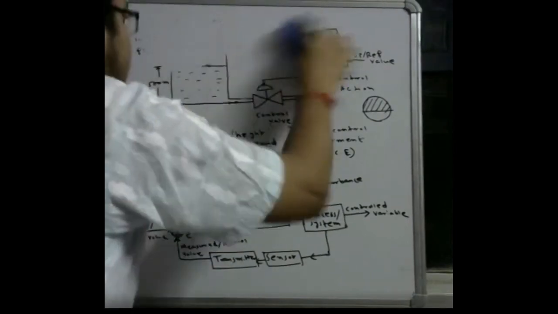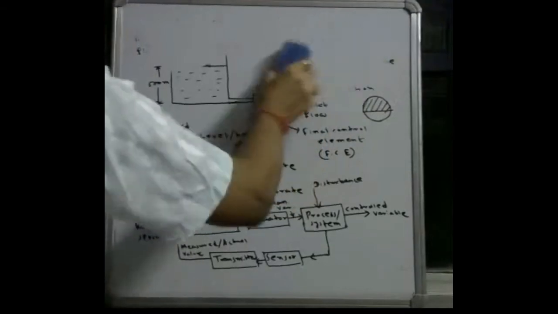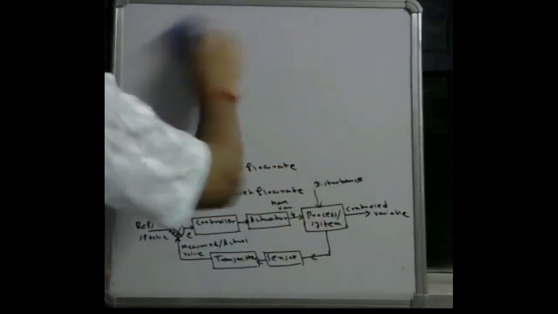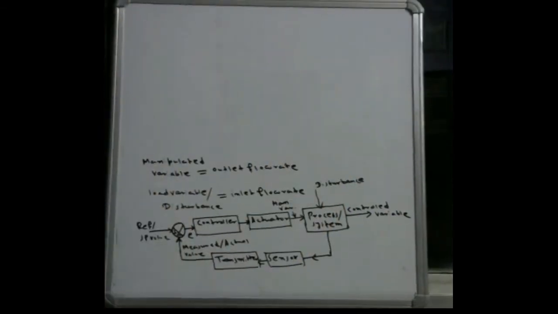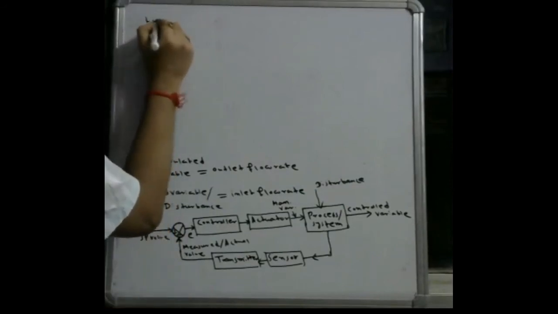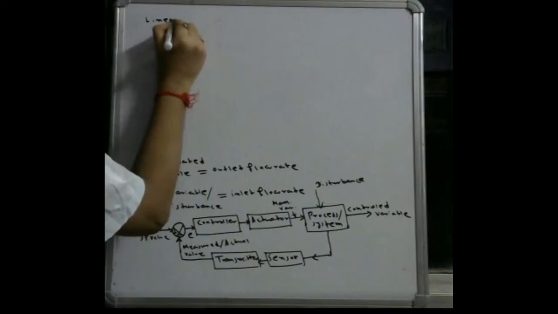For that purpose, we have to move forward step by step. So first step, we have to make some classification of the system or process. For that purpose, we first have to introduce the linear system.